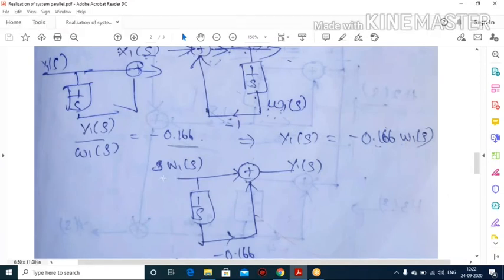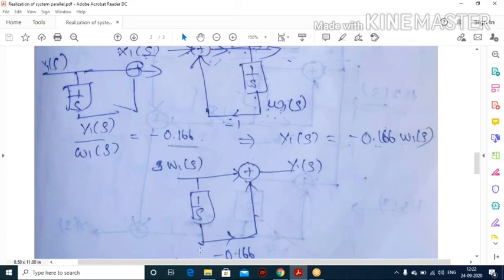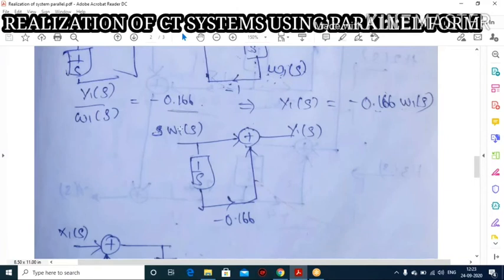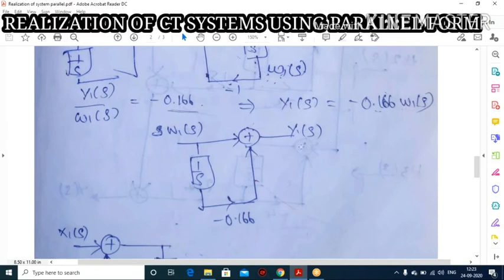So here I take s into W1 of s, and I add one integral block. Here the constant is 0.166. So now 0.166 into s into W1 of s multiplied by 1 by s. Now s and s cancel out, so it receives the signal minus 0.166 into W1 of s.